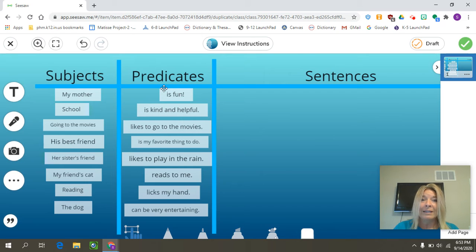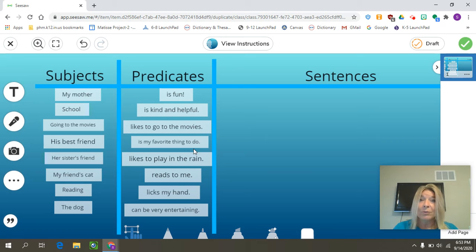Let's look at the predicates. Let's read a few of those. Is fun, is kind and helpful, likes to go to the movies, is my favorite thing to do. Once again, by themselves, the predicates don't make sense either. We need to put these two pieces of the sentences together to make one complete sentence that makes sense, that we can visualize.